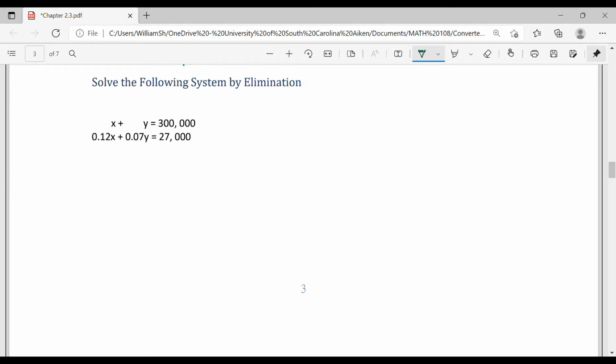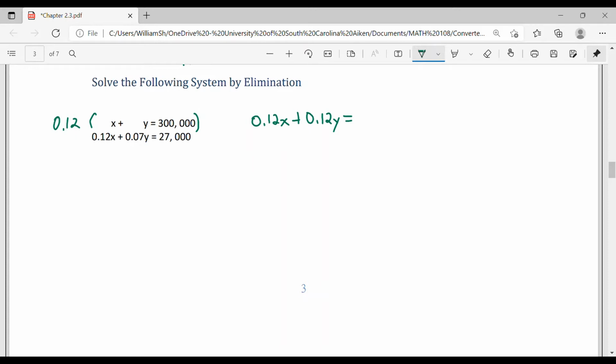Now with this one, I could cancel out either the x or the y. I'm going to cancel out the x in this one, and in order to do that, I'm going to multiply this entire equation up here times 0.12. And what that'll render is 0.12x plus 0.12y equals, and then you'll have to multiply 300,000 times 0.12.